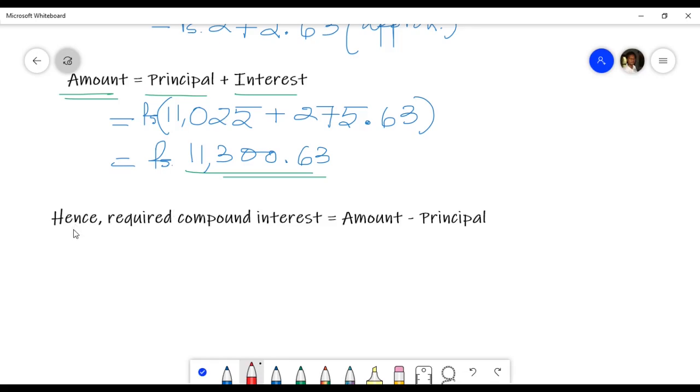Now the required compound interest is equal to amount minus principal. Right? Required compound interest, the formula is amount minus principal. The amount that we just found at the end of 2.5 years is 11,363 paise.